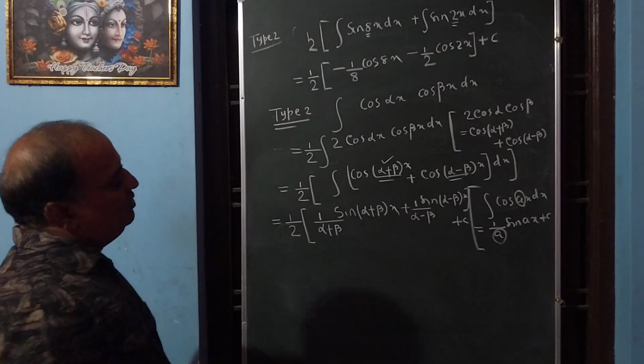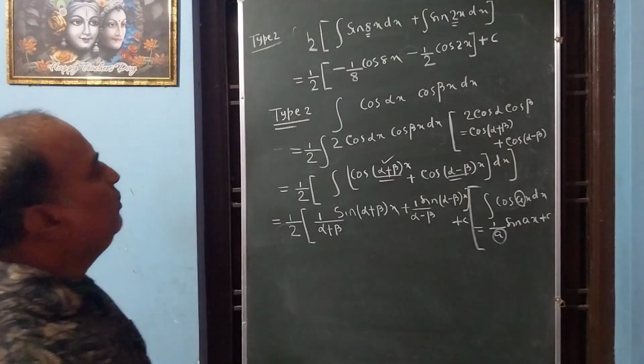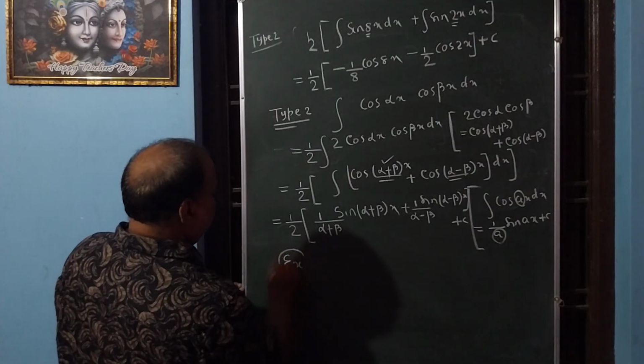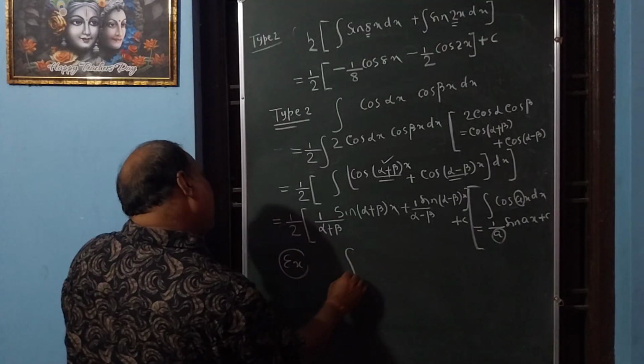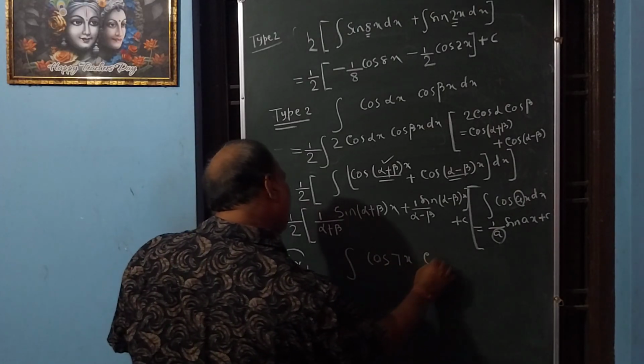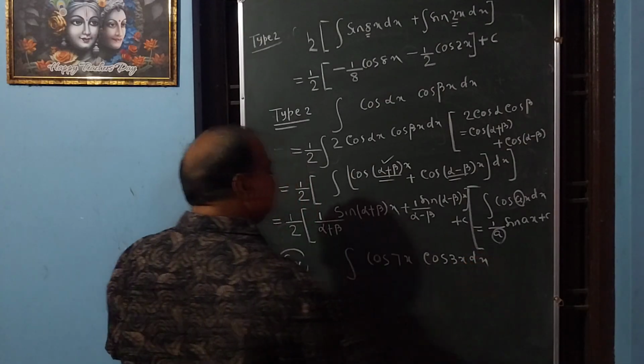This is the answer. Okay, so one example we have to work out. Write down one example. Integration of cos 7x into cos 3x dx.